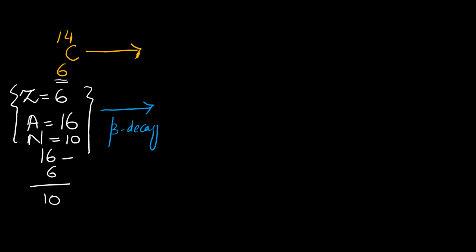So this means that the atomic number Z will be increased by 1 and it will be 7. So the new element which will be formed during the beta decay of carbon-14 will have an atomic number of 7, and the atomic mass during the beta decay remains the same, so the atomic mass of the new element will be 14.